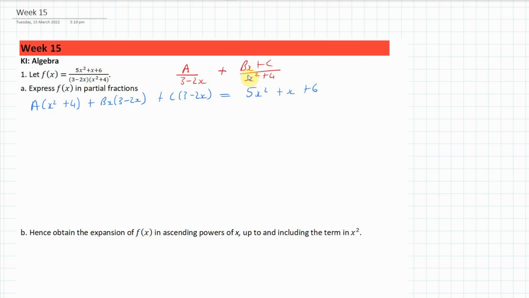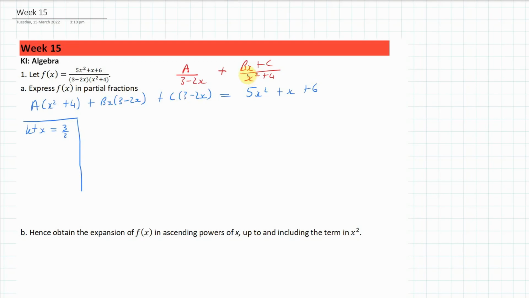Now, what I'm going to do first of all is let x be equal to 3 over 2. And when I do that, you can see that this will drop out and this will drop out, because those brackets will equal 0 and 0 times anything is 0.